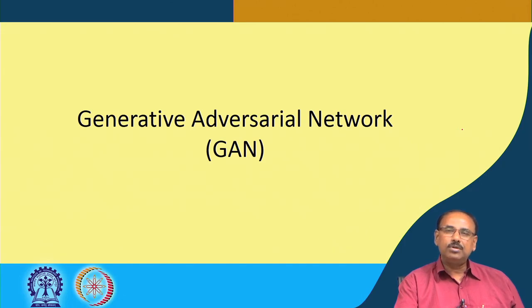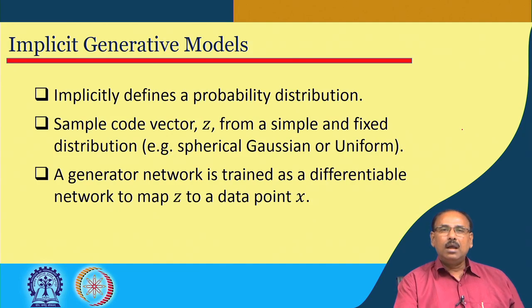Now, briefly I am going to discuss what is a generative adversarial network. So, generative adversarial network is another form of generative model for reconstruction of the data from the latent code. Unlike in case of variational autoencoder, where the probability distribution of the latent code was quite explicit, in case of GAN, this implicitly defines the probability distribution.